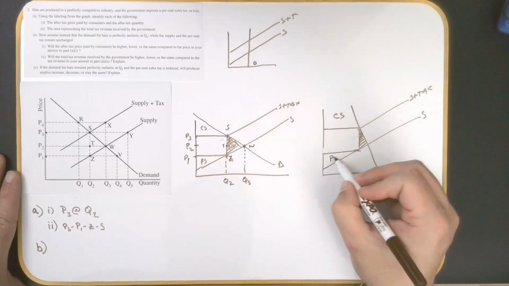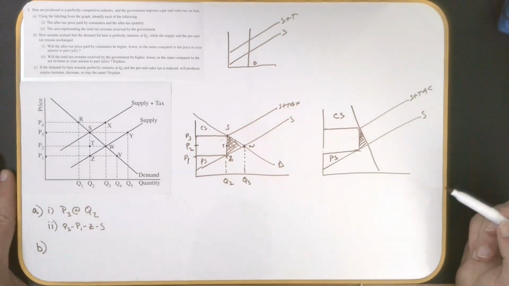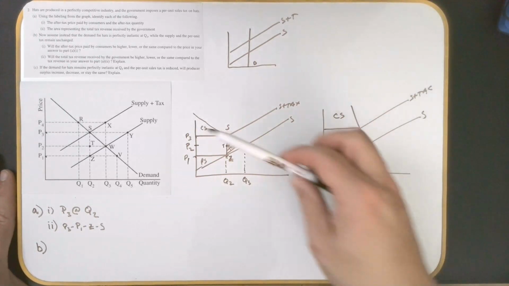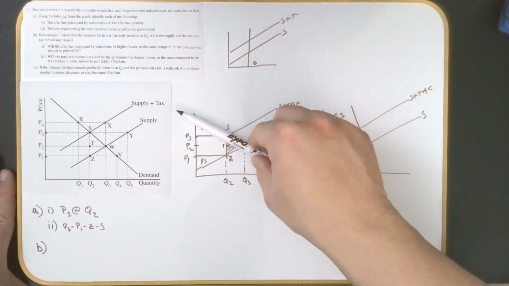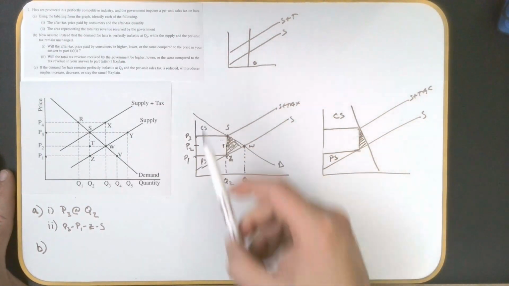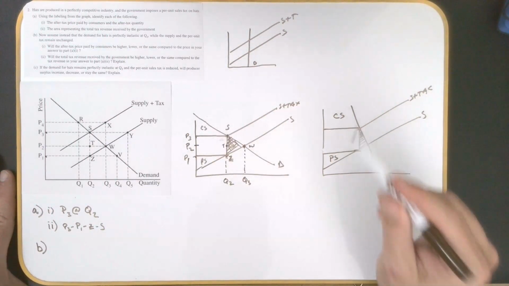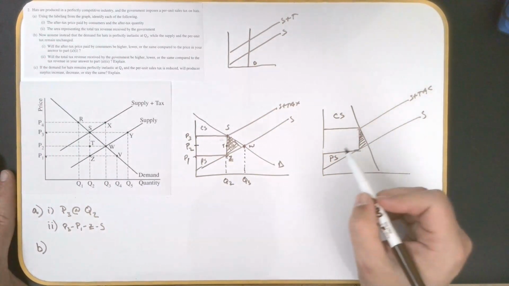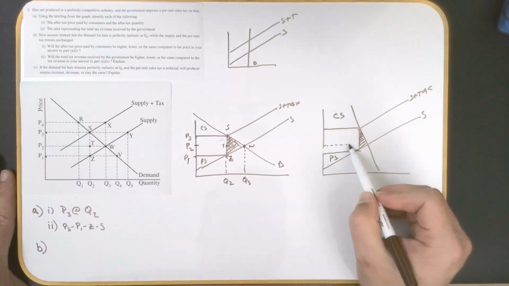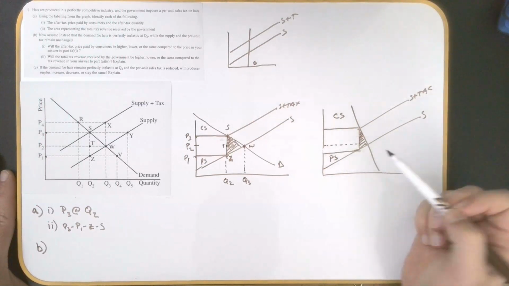And you can see that the producer surplus really didn't change. If you think about it, the producer surplus has an edge with the supply curve, not the demand curve. So producer surplus hasn't changed, but consumer surplus is certainly getting bigger. And what's also happening is the tax incidence, which we talked about before, is changing. Now the consumer is paying more of the tax than the producer.